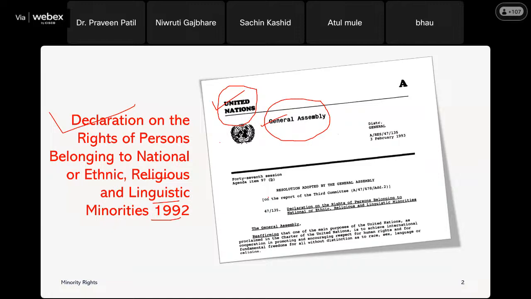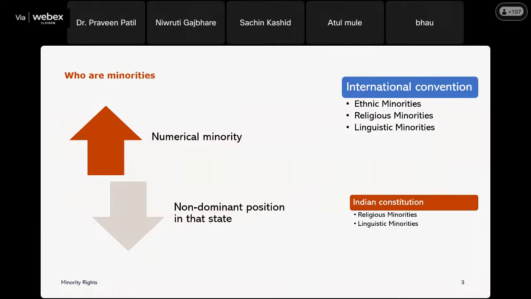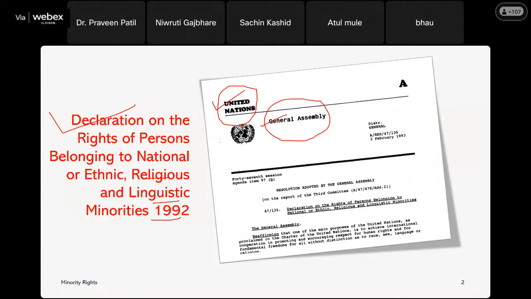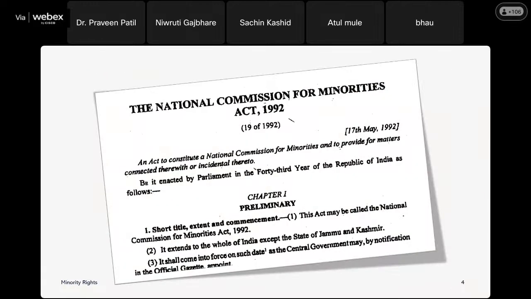However, it could be a coincidence that in 1992, the General Assembly of the United Nations declared these rights of minorities, and in the same year, the government of India also brought a special legislation, the National Commission for Minorities Act 1992.